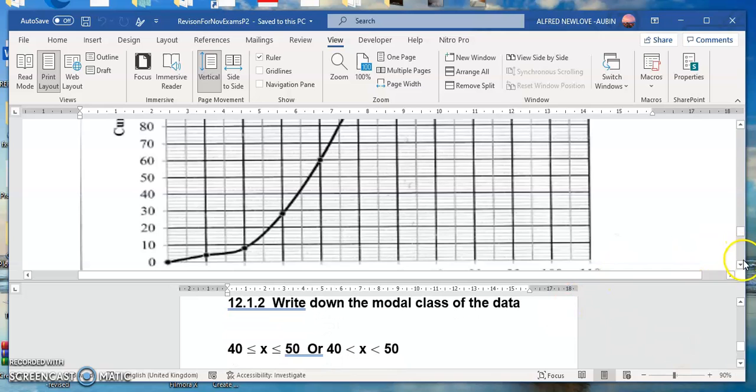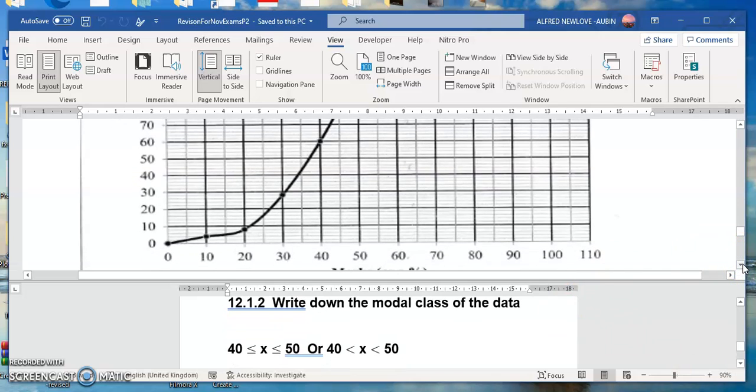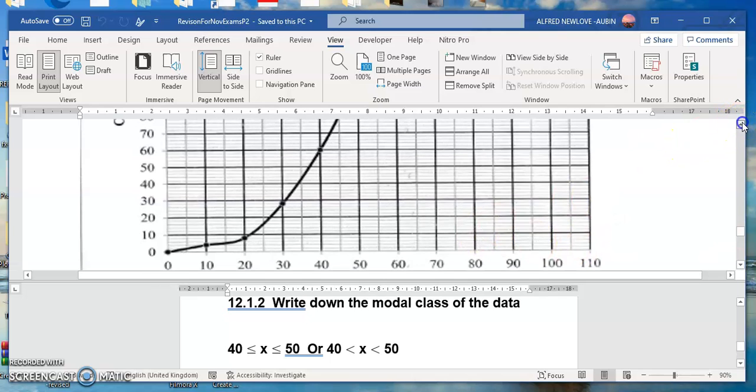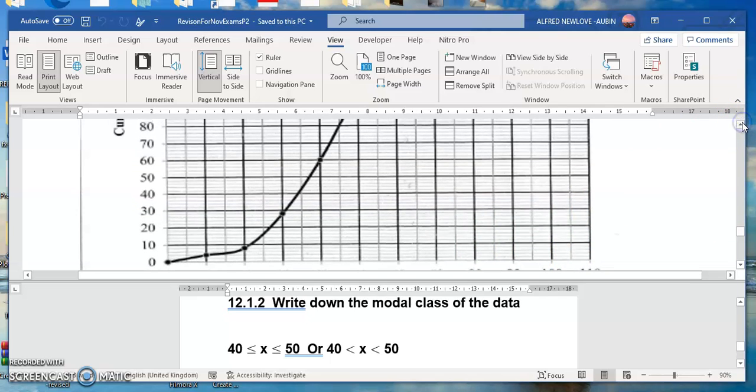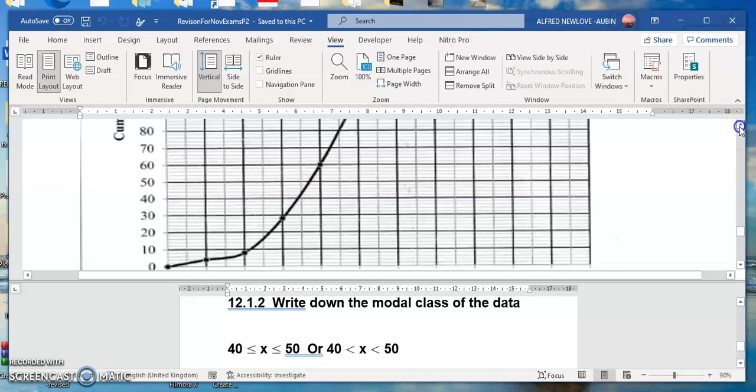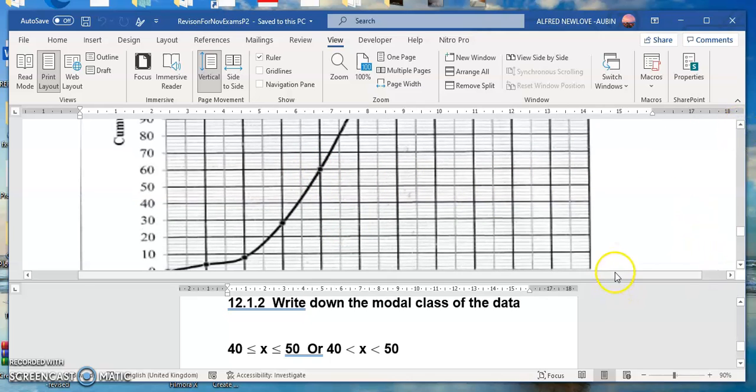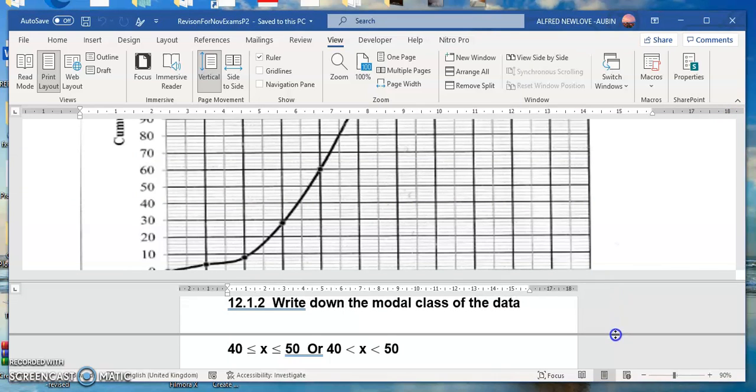Now, if you check the distance, just want to make it bigger. Go down a bit.